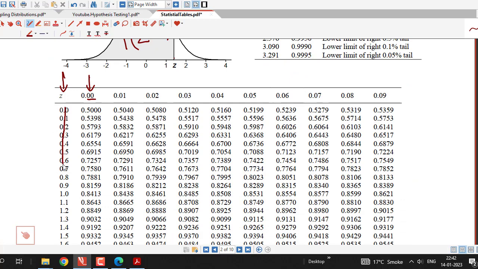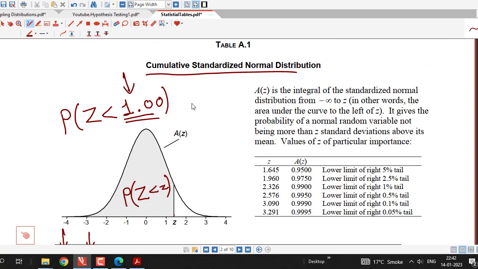So this is 1.0 plus 0.0. So at the intersection I find 0.8413. Probability that Z is less than 1.00 is 0.8413.